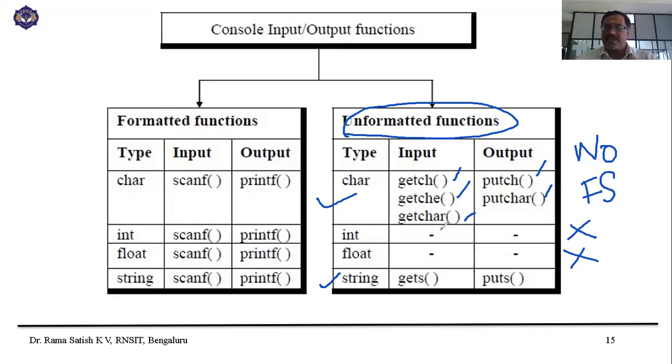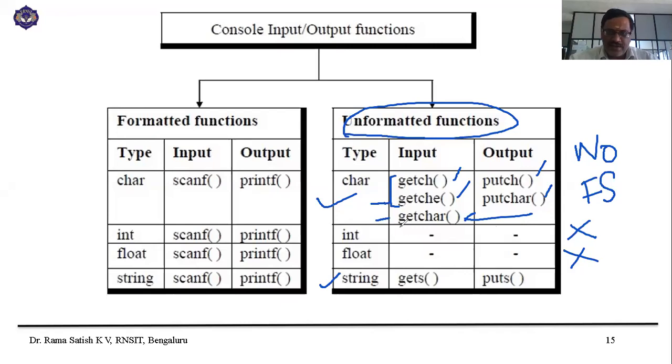Now, what do getch and getche do? See, the difference between getche, getch and getchar is that after reading the character, you have to press the enter key in the case of getchar. Suppose you write enter your section, you write A, and after that you have to press enter.